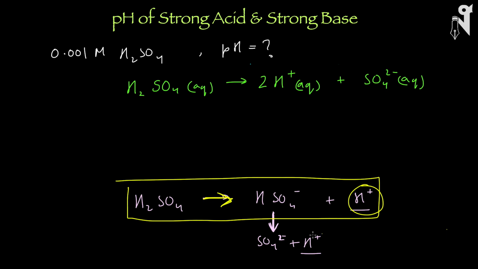Now this one doesn't have to be really dilute with respect to the Ka value. I'm not wanting to bring in that right now because we'll be doing that in the case of weak acids.